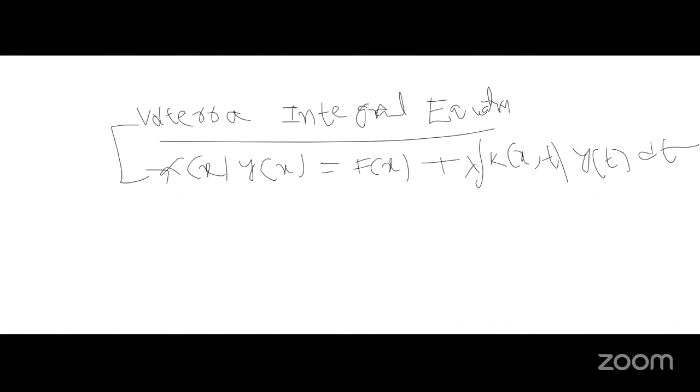So for a Volterra integral equation, the integration part has a lower limit and an upper limit. If the upper limit is a variable, this is called a Volterra integral equation. Understood?